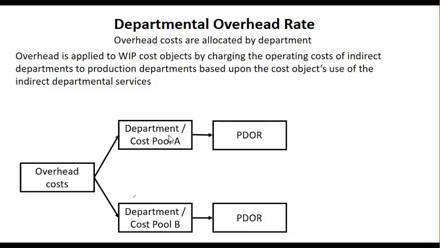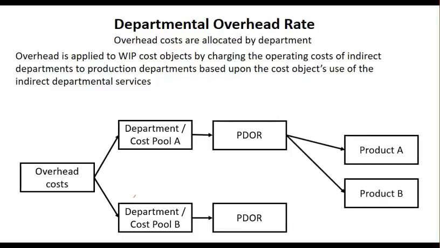So we're going to take our estimated cost pool divided by our estimated cost driver, and we're going to come up with a predetermined overhead rate. Now, based upon the activity of that cost driver either consumed or assigned to product A or product B, we're going to allocate different amounts of overhead from cost pool A based upon that predetermined overhead rate. And we're going to do the same thing for cost pool B.